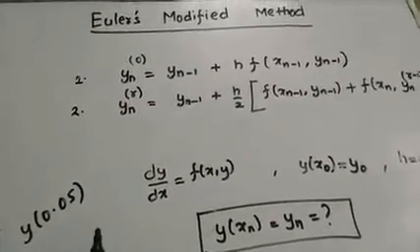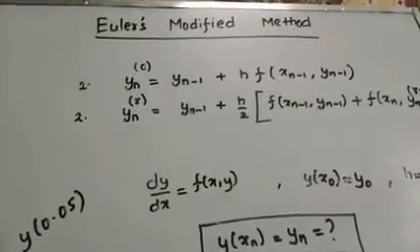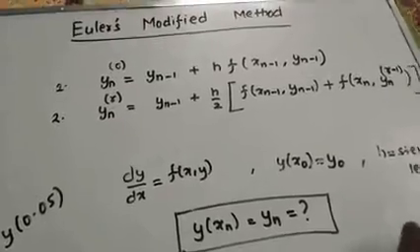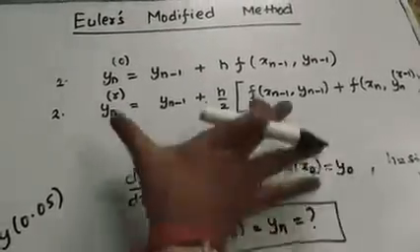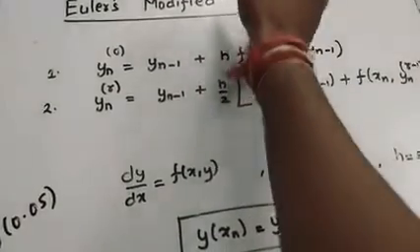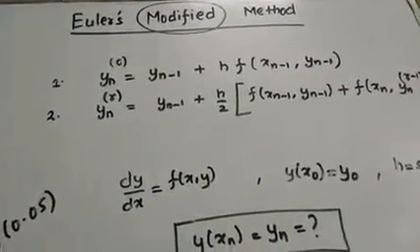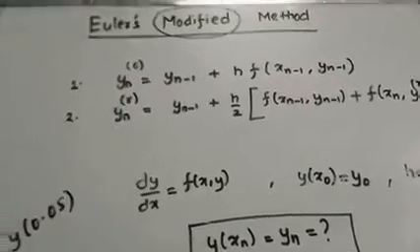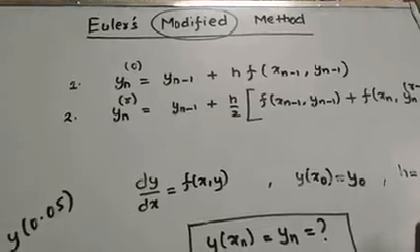R indicates the modification number in yn, that means how many times we have modified this final answer. That's why the term modified is added to the method. That means here we will get the value which we have to find, in a modified way.